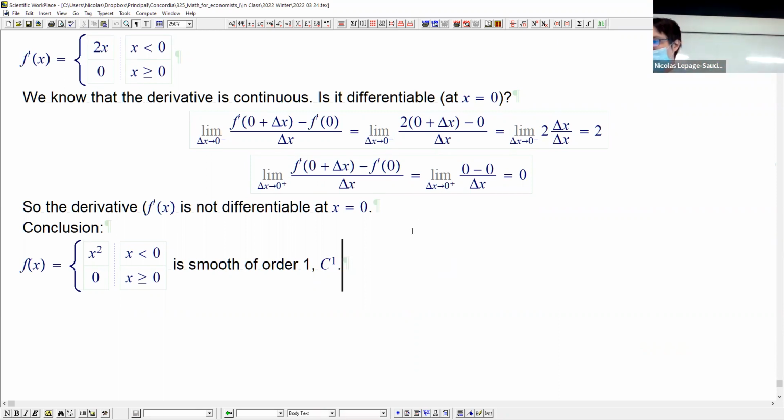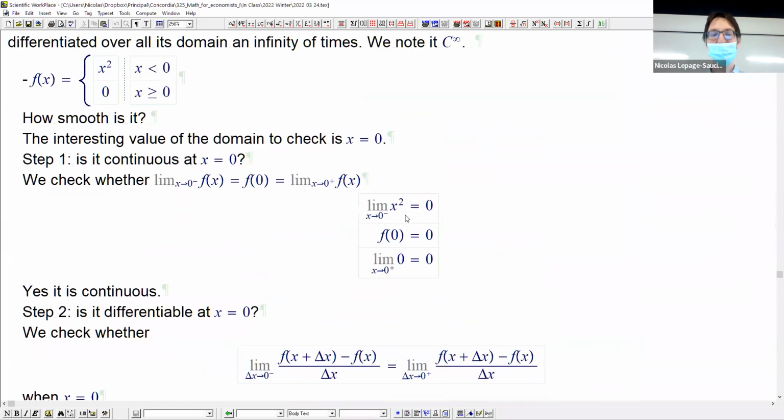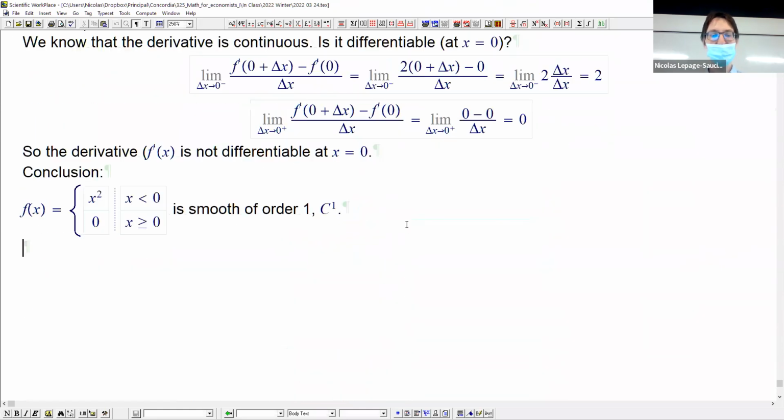So that's smoothness. Why do we care about the higher order derivatives? I've spent a lot of time on this, but it's done, so let's go back to the higher order derivative: conditions for extrema.